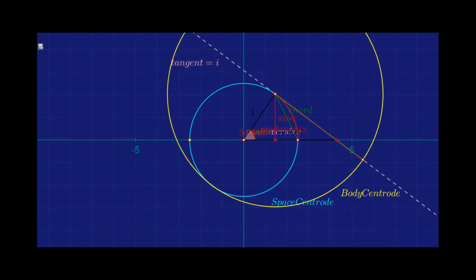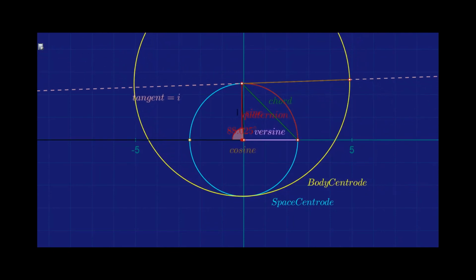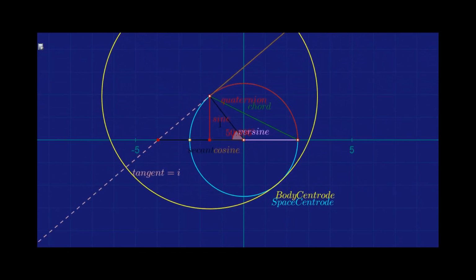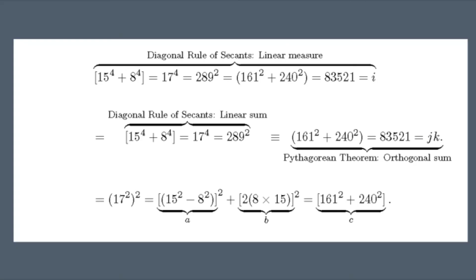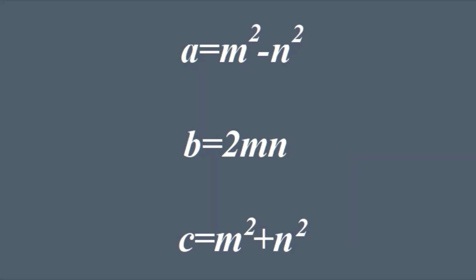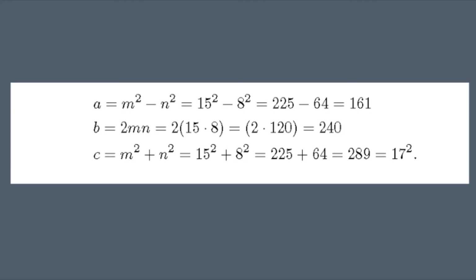And so, given the background information in Baker's definition of a quaternion, we may parse an earlier derived equation as follows. But earlier we established the following. And given Euclid's formula, where a equals m squared minus n squared, b equals 2mn, and c equals m squared plus n squared, we then obtain the following.